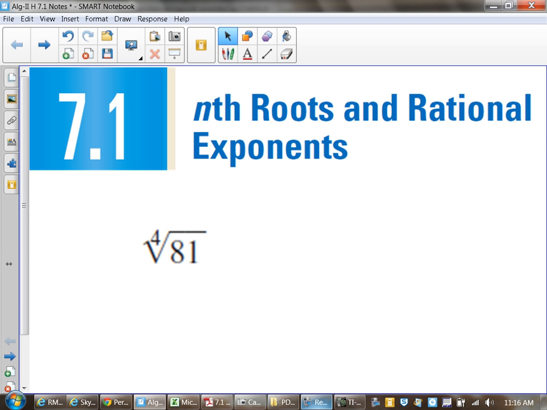When you take a square root, you're asking yourself, what times what equals that number underneath the radical? That's a square root. You're getting two numbers. In this case here, I'm asking what are four numbers you would multiply together that are the same number to get 81? 3. 3 times 3 times 3 times 3.